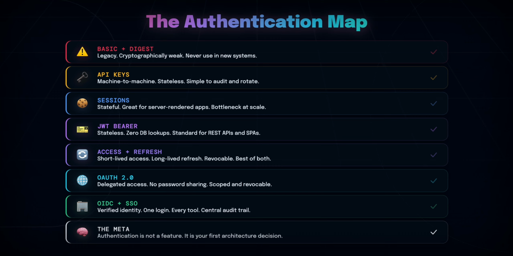Authentication is not a feature you bolt on at the end of a project. It is the first architecture decision you make, and the one with the most permanent consequences.